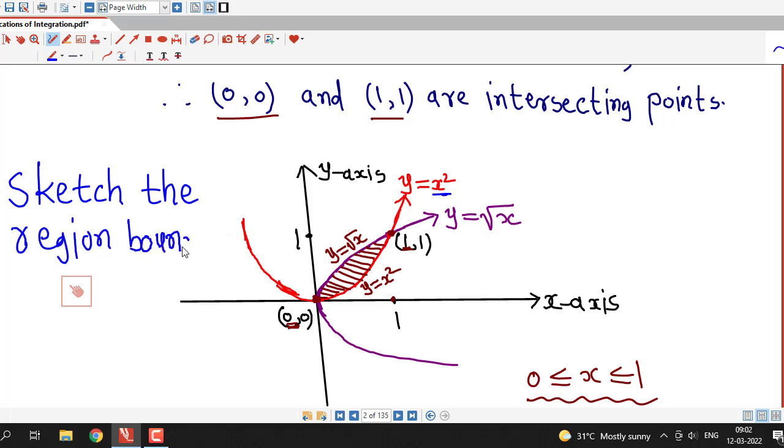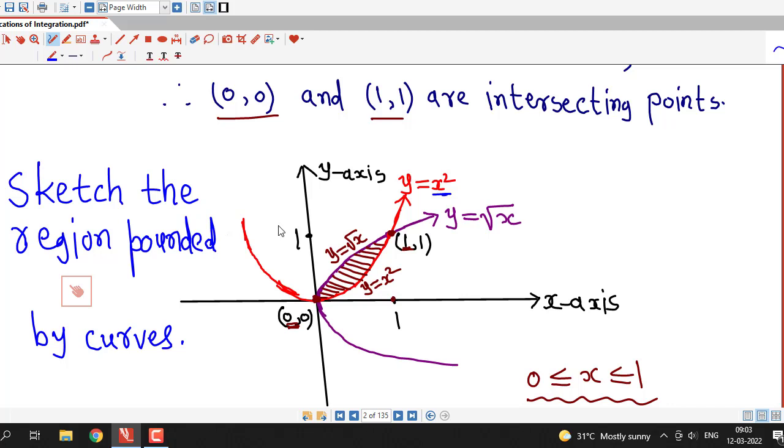So whatever region you sketch, boundaries of that region must be given curves. Here upper boundary is of y equal to square root of x, lower boundary is for y equal to x square. So that is the meaning of region bounded by curves. Whatever region we sketch, its boundaries must be given curves.